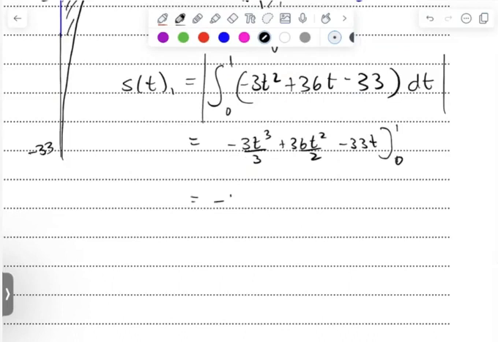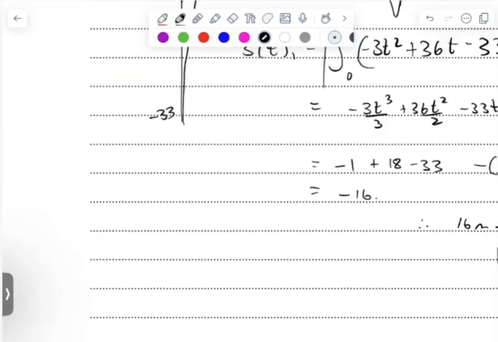So minus 1 plus 36 divided by 2 is 18, 18 minus 33. So minus 1 plus 18 minus 33. Okay, so I get an answer of negative 16. So therefore, I know that the first portion is 16 meters. Okay, that's my first displacement.